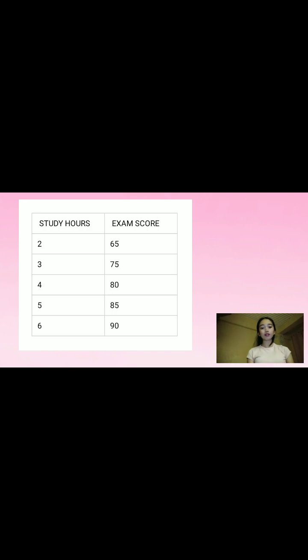Here's a simple example of linear regression. Let's say you want to predict a student's exam score based on the number of hours they studied. You collect data from several students where you record their study hours and their corresponding exam score. You can use linear regression to fit a line to this data.